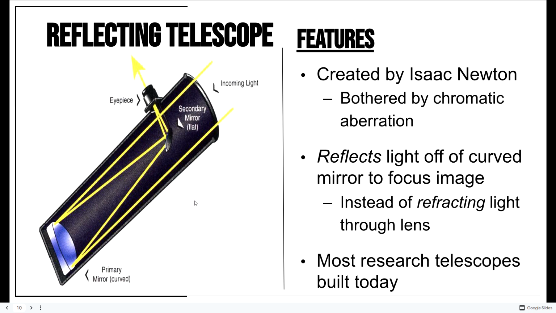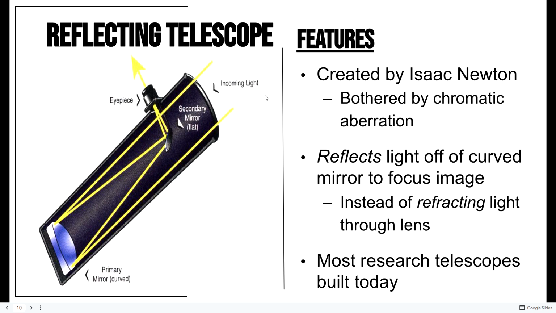The only issue with these is what's called chromatic aberration. An aberration is an anomaly or a difference. So it can sometimes mess with the colors, so you don't necessarily get a true color picture of it. They might be off a little bit. This is, however, what most research telescopes use today.